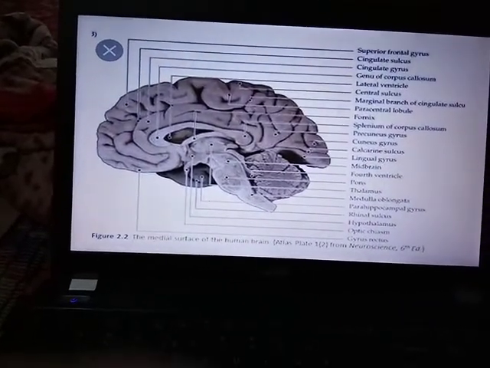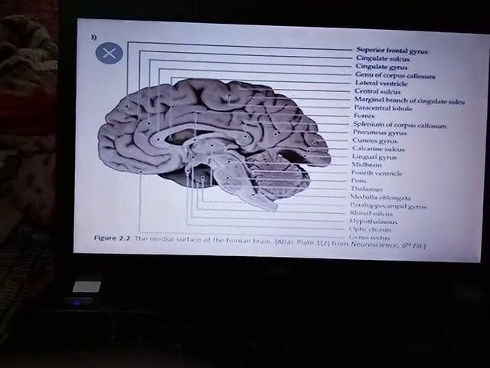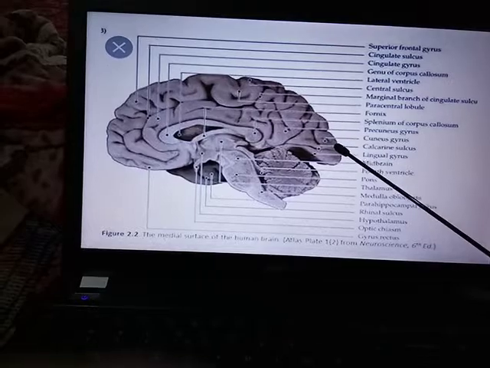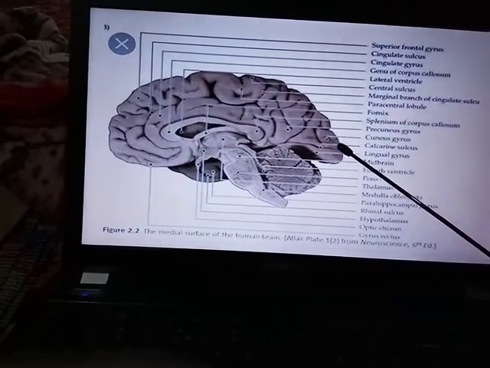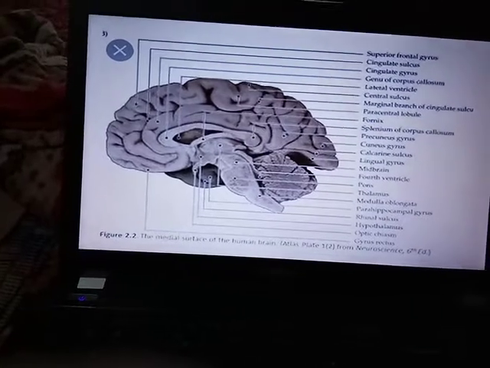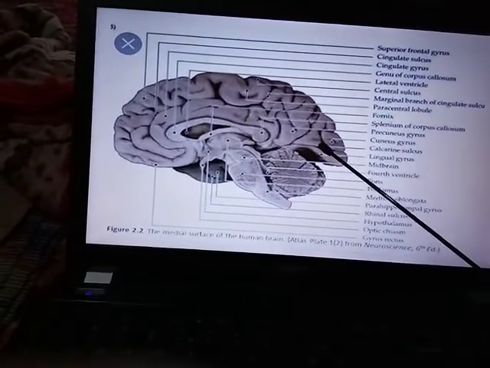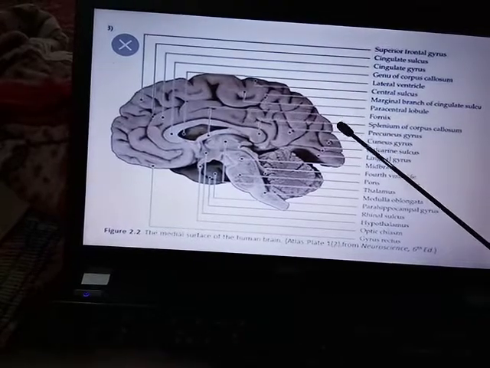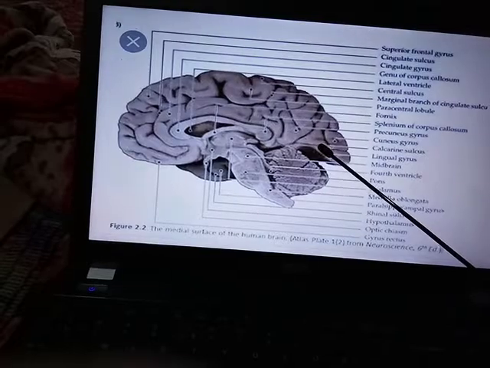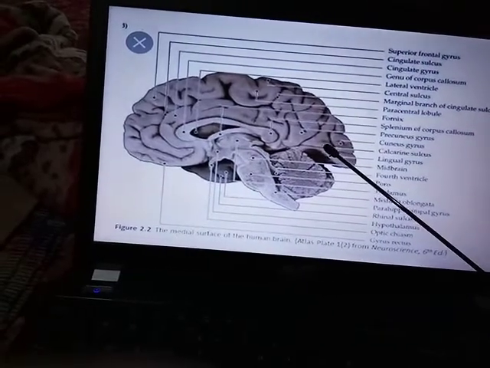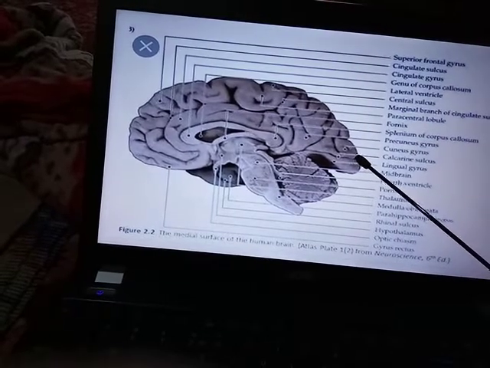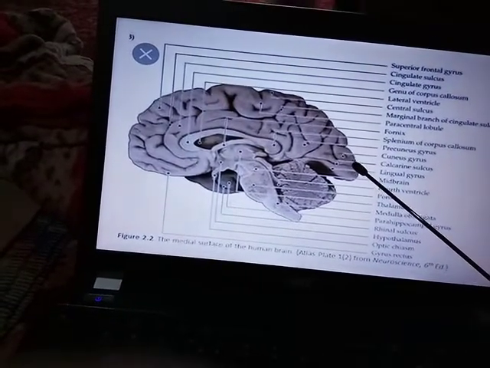Now what is this operculated sulcus? The operculated sulcus is the sulcus which superiorly comes into connection with some other area, and inferiorly comes into connection with some different area. For example, for the anterior part of the calcarine sulcus, the depth of the calcarine sulcus is associated with the visual area, and the surface of the calcarine sulcus is associated with the peristriate and parastriate areas.